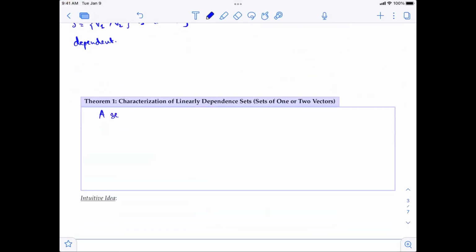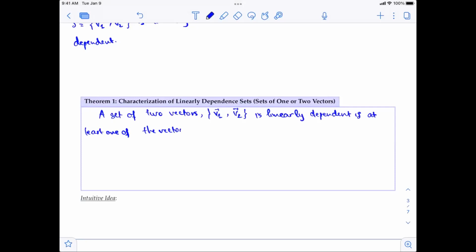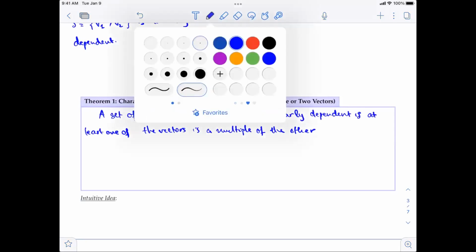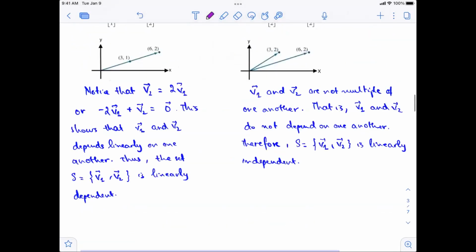So a set of two vectors, let's say a set of v1 and v2, is linearly dependent if at least one of the vectors is a multiple of the other. And you can see this in example 4a.